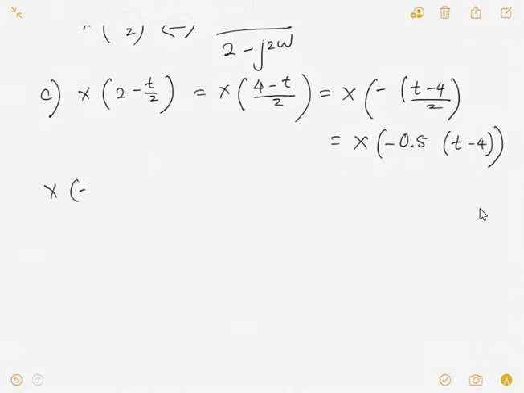So x(t-4), we get e^(-j omega 4) times X(omega), right? So X(omega) refers to 1 over 2 plus j omega.